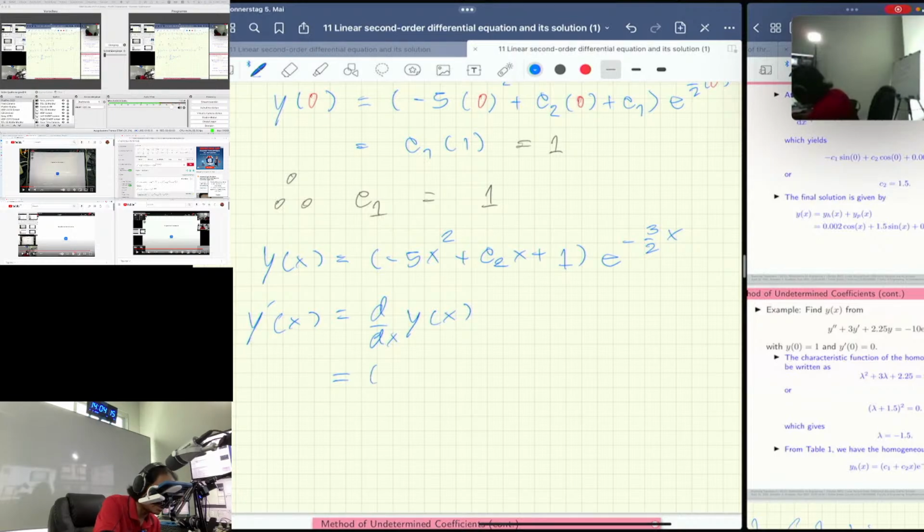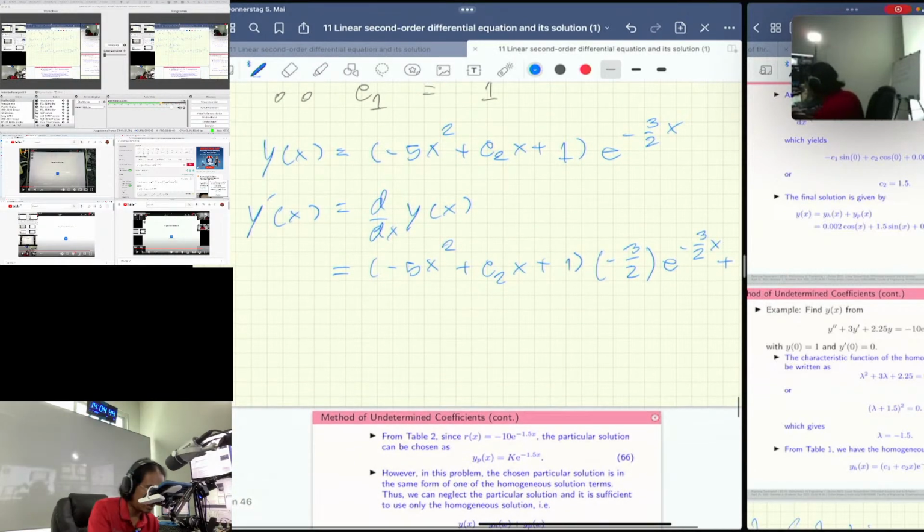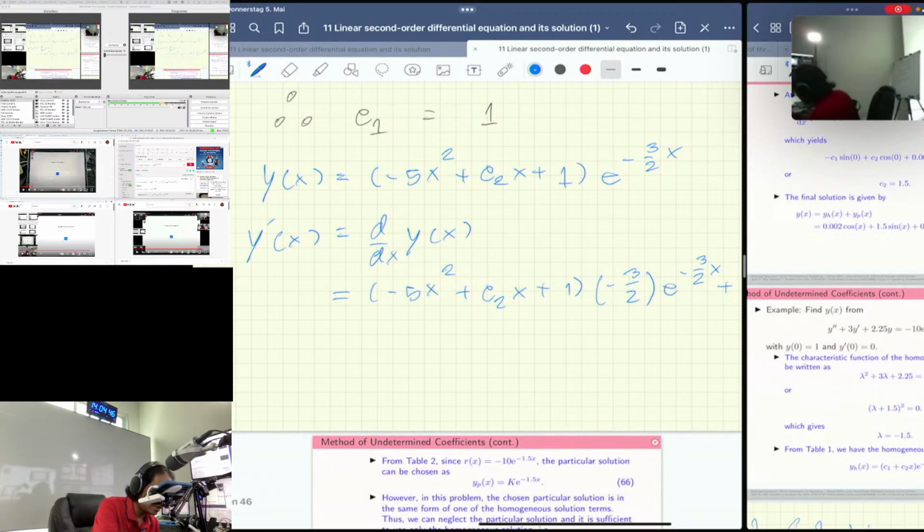Differentiation of this one, using the product rule, will be -5x squared plus c2x plus 1 times the derivative of the exponential, -3/2 exponential -3/2x, plus the derivative of the polynomial part, -10x plus c2, times exponential -3/2x, right?